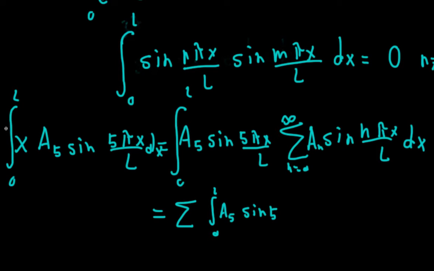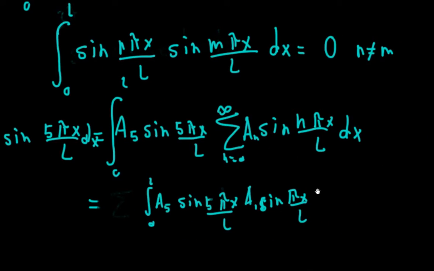And I think it will be easier to understand if I take out the integral sign. Times a1 times, whatever, it's just a lot of symbols to remember. Times x over L plus a1 times the sine of 5 times x over L. And the same for all the other ones.